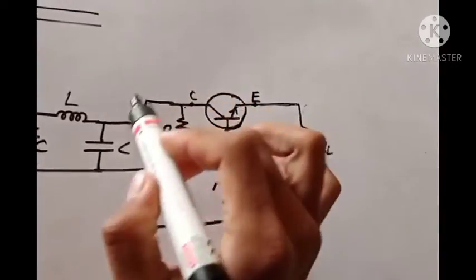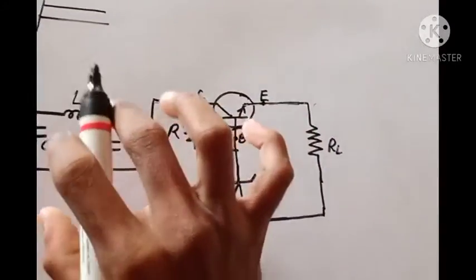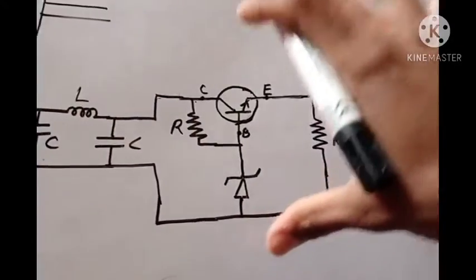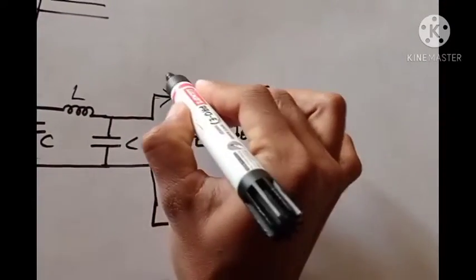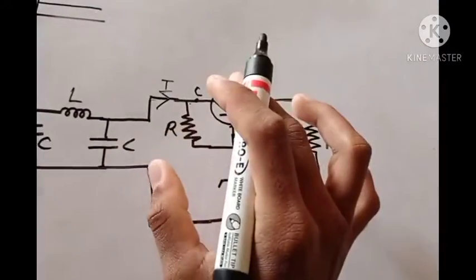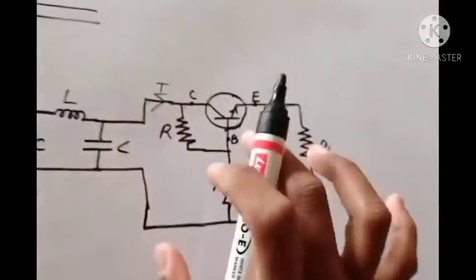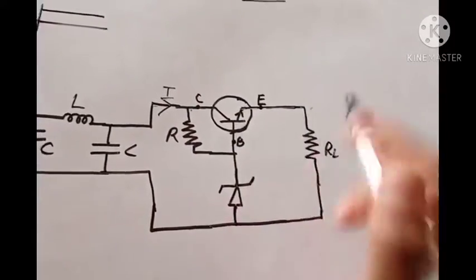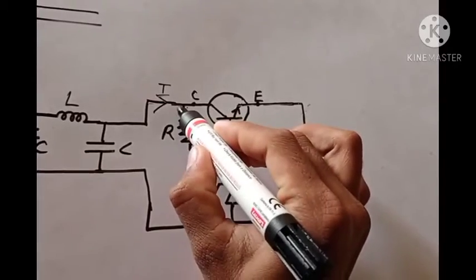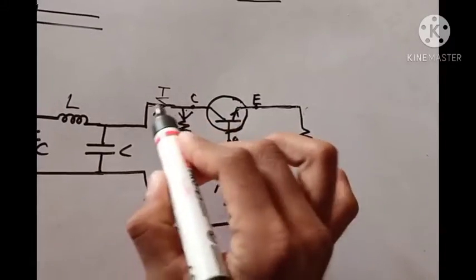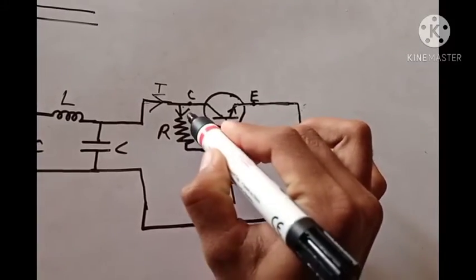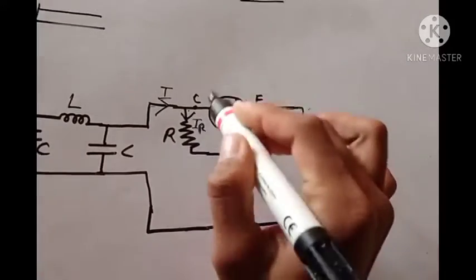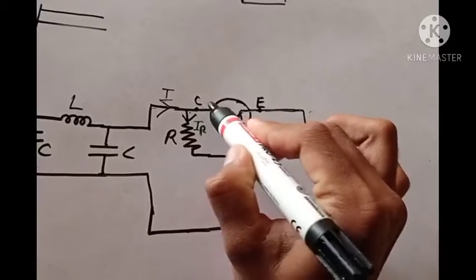So the current from the filter circuit travels to the transistor circuit, nothing but the regulator circuit. The current will be I. In a parallel circuit, as we all know, the current divides and the voltage remains constant. So what is the current flowing through the resistor? Let it be IR.